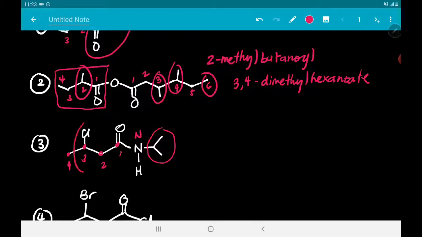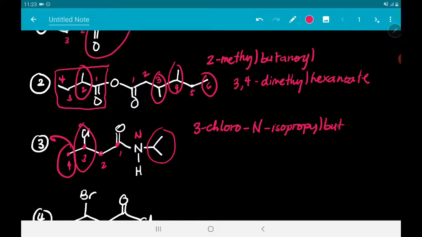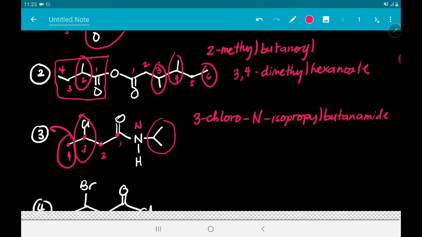So, mauna si chloro before the isopropyl. So, 3, chloro, N, okay, isopropyl, okay, since 4 carbons, butanamide. Okay, so that's how you name this compound.